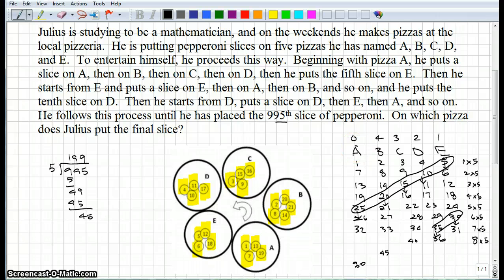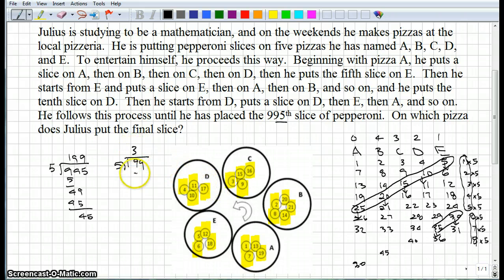Okay? So you see I'm just looking at these numbers right here. The multiple of 5 that it is. Then we start over here. So if it has a remainder of 1, so let's take 199. So it's going to be down here in the 199 times 5 row. And to figure out what column it is in, I'm going to divide it by 5 again and look at the remainder.